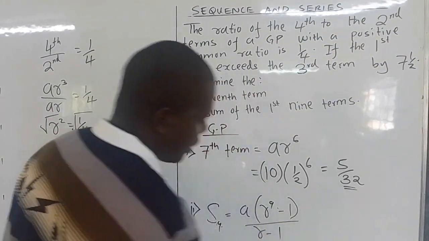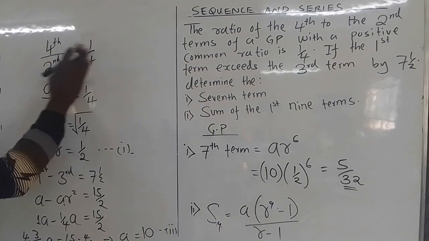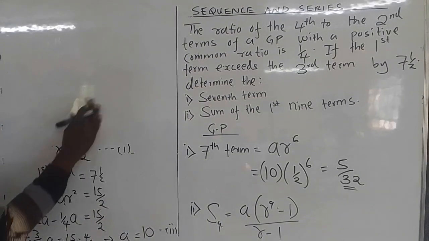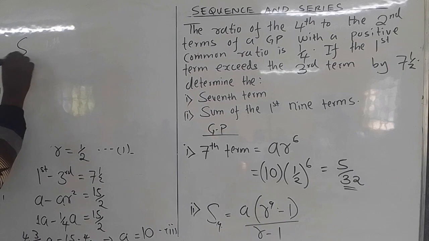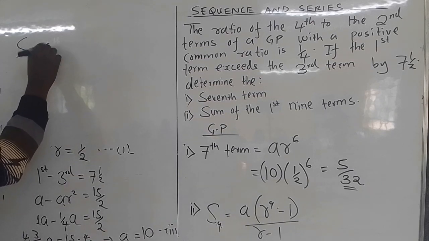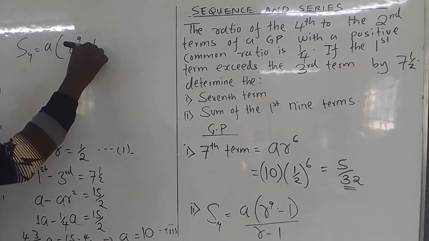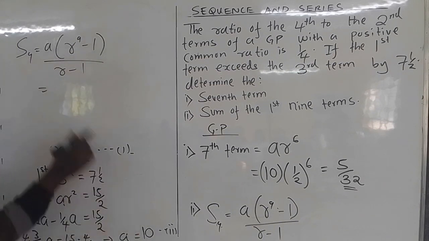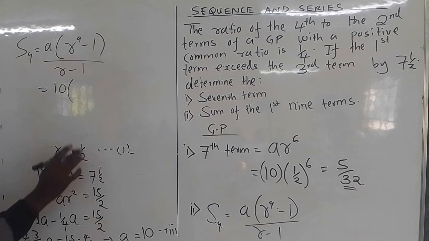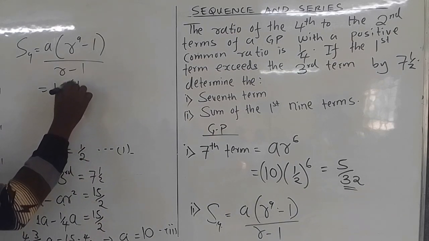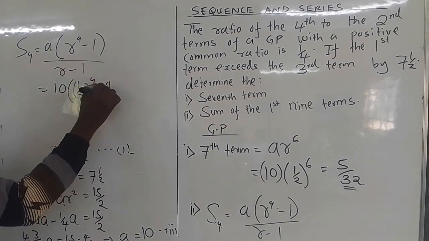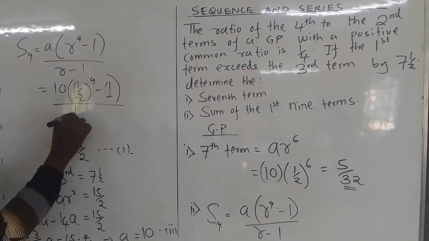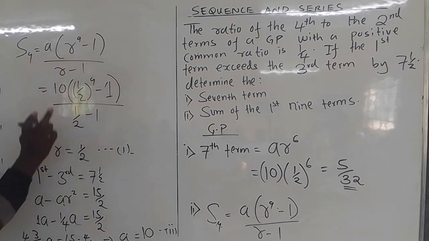So, if you do that substitution, let us do it up here. So, the sum of 9 terms is a into r raised to power 9 minus 1 over r minus 1. So, a you found is 10, r you found is a half, raised to power 9 minus 1, then it is over r minus 1.